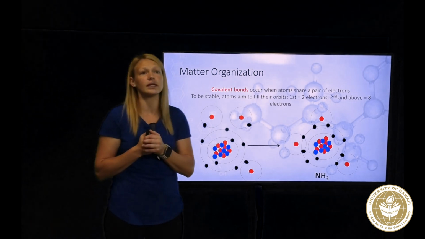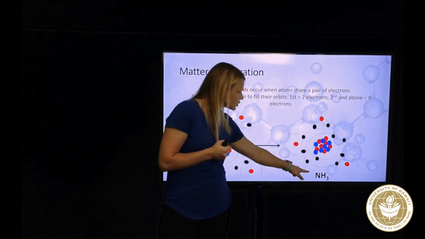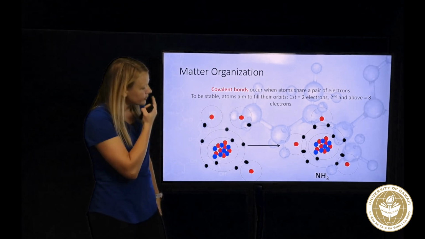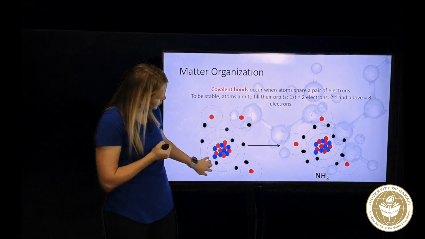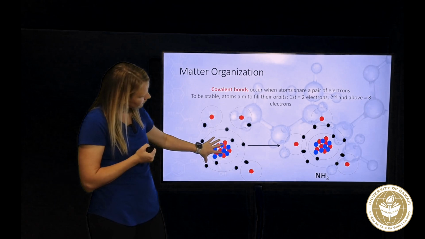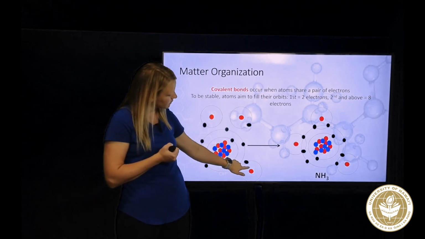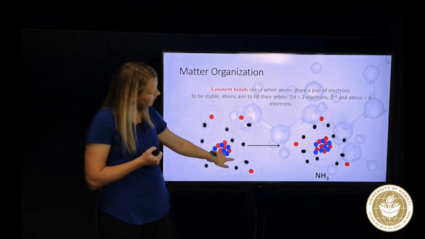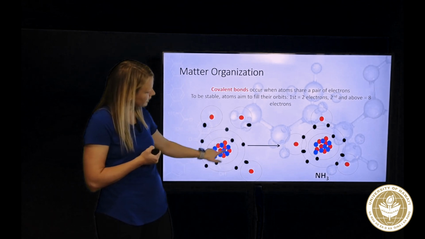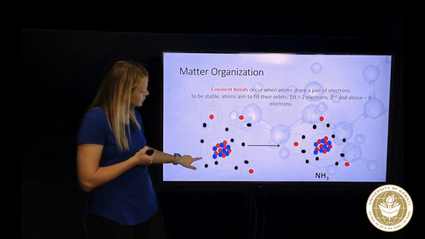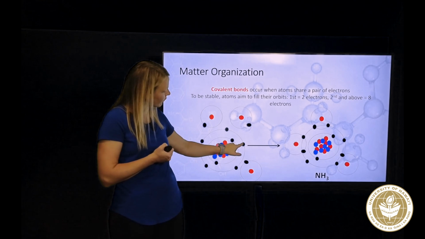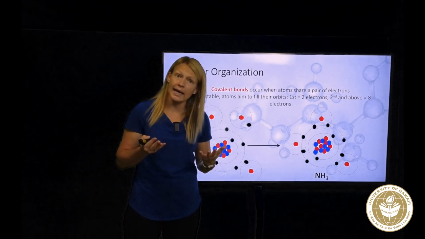You can see an example here of NH3, so you have your nitrogen atom right here, and you have 3 hydrogen atoms. You can see this first shell of the nitrogen is happy. It has 2 electrons. Then the second shell here has 1, 2, 3, 4, 5. But we want 8, right?